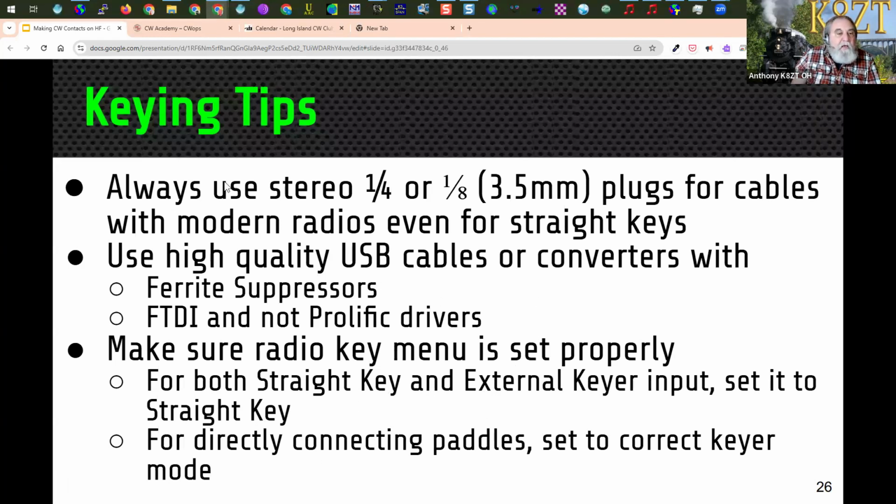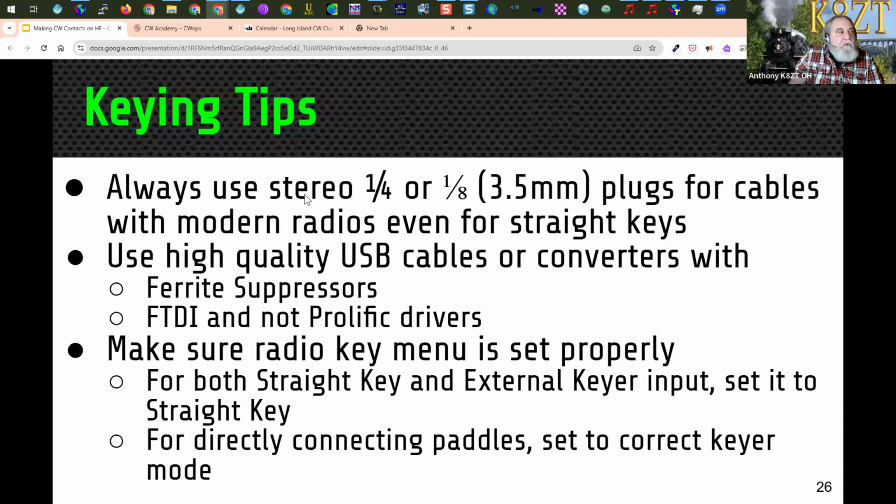A couple other keying tips. On any modern radio, now there are some exceptions with older radios that use different types of connections for the keys, but on most modern radios, they're either going to use a 1/4 inch or a 1/8 inch, also known as a 3.5 millimeter, jack on the radio.